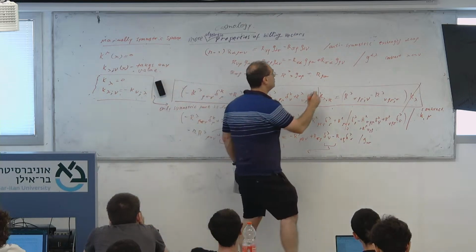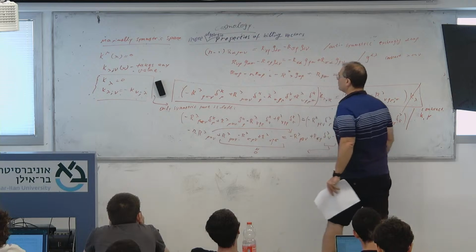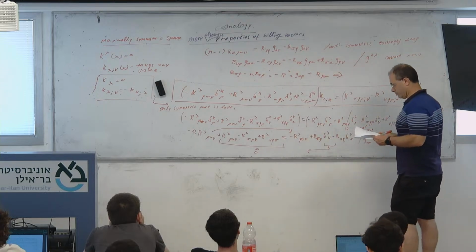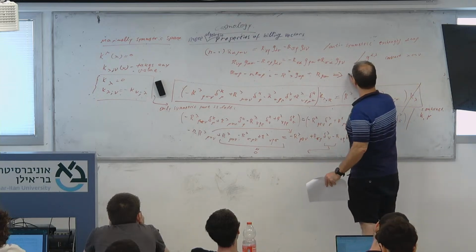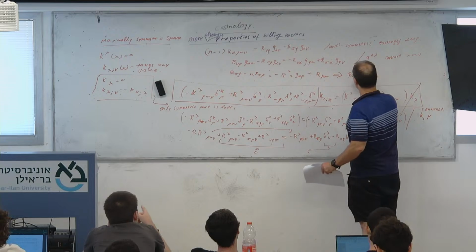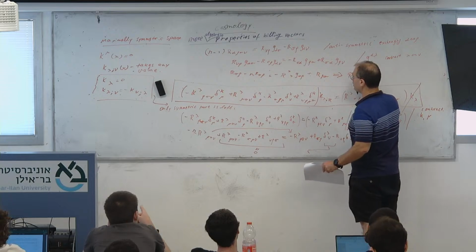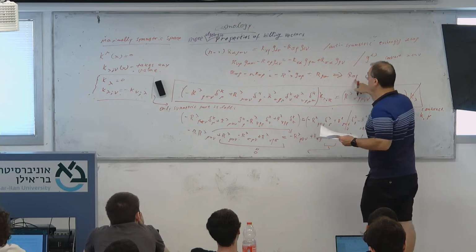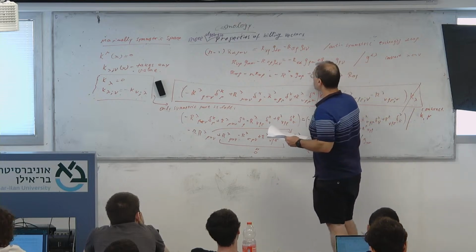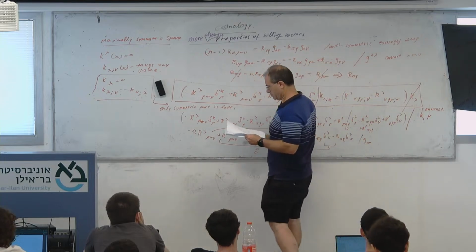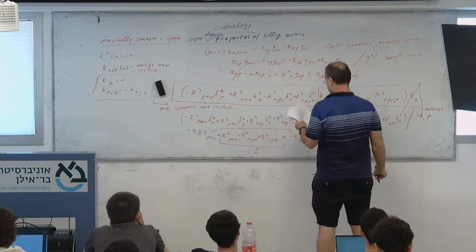So overall, we end up with the Ricci tensor R sigma rho is equal to 1 over n times the Ricci tensor.